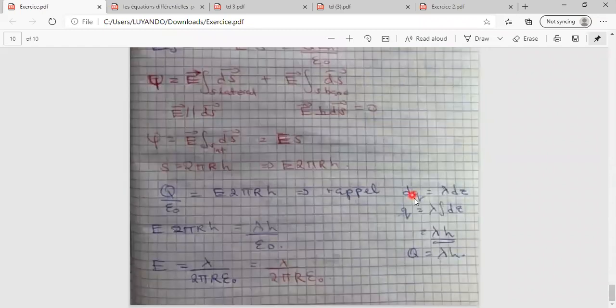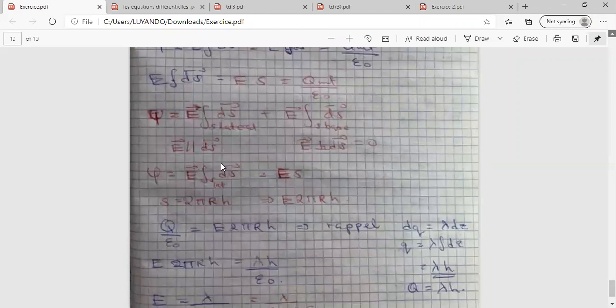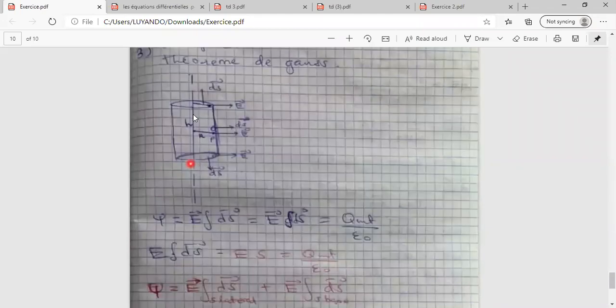Because here we have Q, dq is equal to the constant lambda dz, and for us to have Q, we have to integrate dq. When we integrate this, we're going to have Q is equal to the constant lambda coming out, integral of dz. As I've mentioned, z is the same as dl, which is the length of the wire, which is the height of the cylinder, because the cylinder can be from whichever point you have.